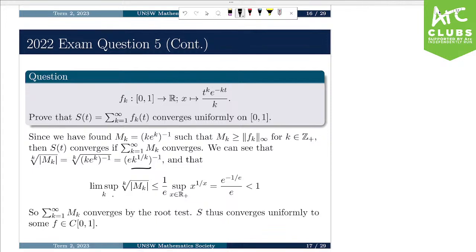Then here I am trying to understand how this turns into this, 1 on e to the k.